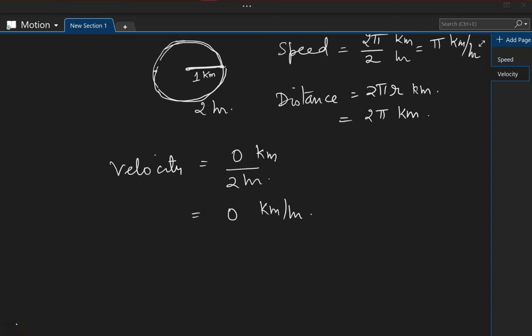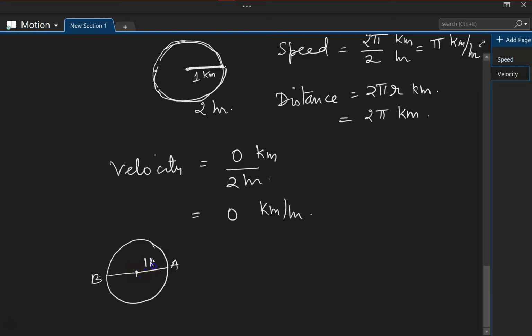Now let's look at another case where you have the same track. The only thing is, instead of going full circle, you have reached the opposite end. So you started from A and you have stopped at B. Now the radius is, let's say, 1 kilometer, and it took you, let's say, 30 minutes to cover this distance.